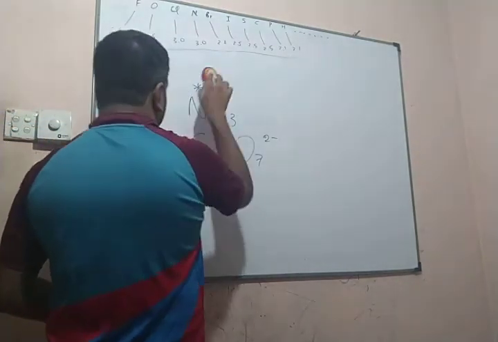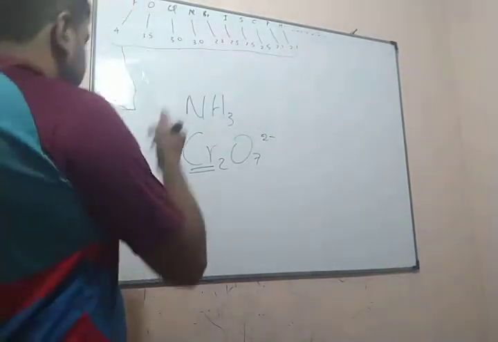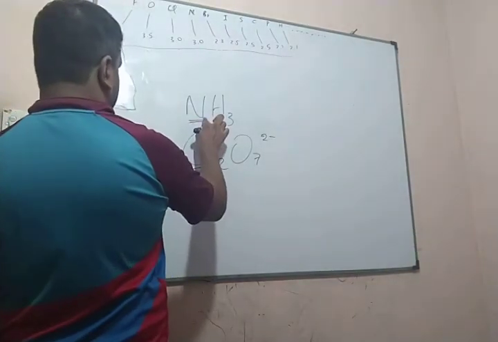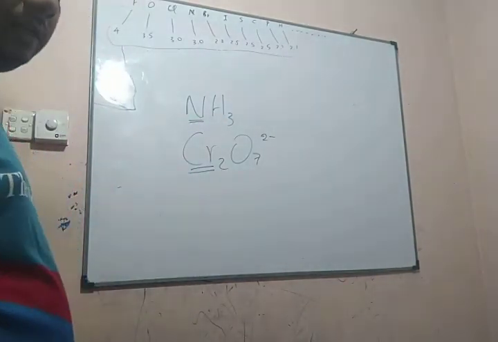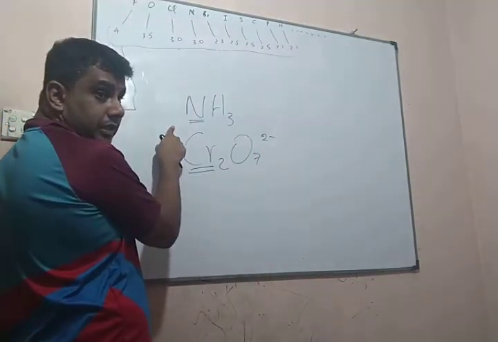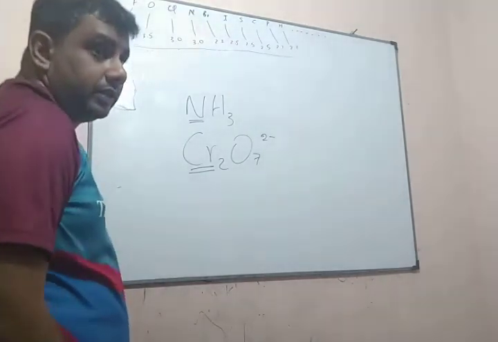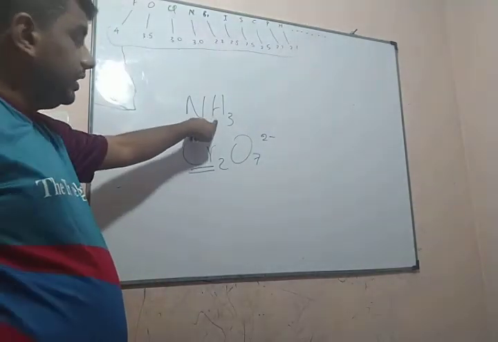Okay. First one. Let's do some NH3. Okay, let's do NH3. How to know? You should know the oxidation state of nitrogen. What's the oxidation state of nitrogen? What's the oxidation state of hydrogen?